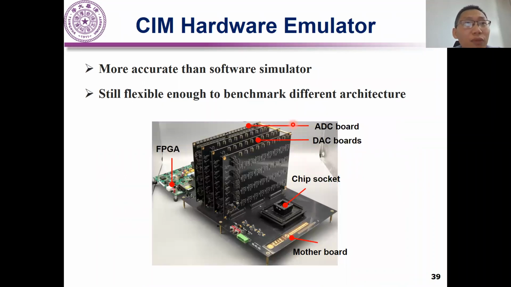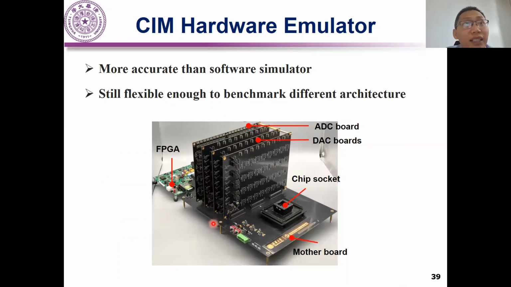Besides the software-based simulator, we also develop a hardware-based emulator. This emulator contains multiple CIM micro boards. Each board contains an analog RRAM array and some periphery circuits on the PCB board, and other peripheral circuits are on the main board.